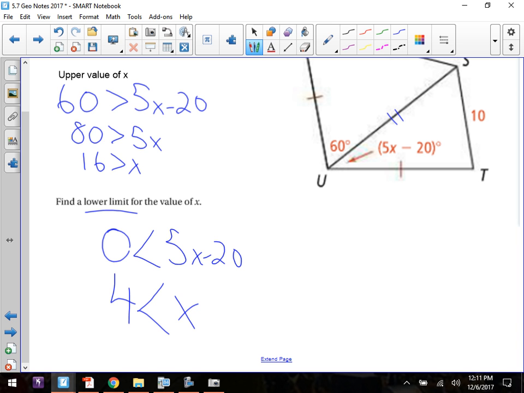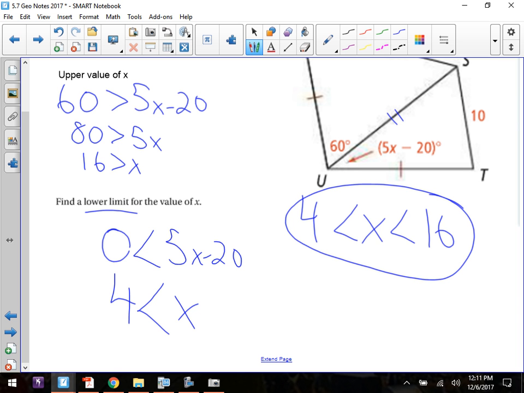So the possible values of x, you'll always have a floor at 0 and a ceiling at whatever the other angle is when you're looking at these. So your answer would be x is between 4 and 16. That gives you all your possible values of x that would make that a true statement.